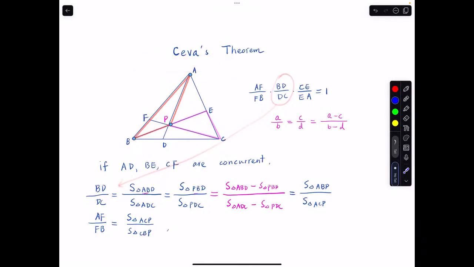Okay, and this one would come, oh sorry, it's something wrong here, would be this one, I believe.